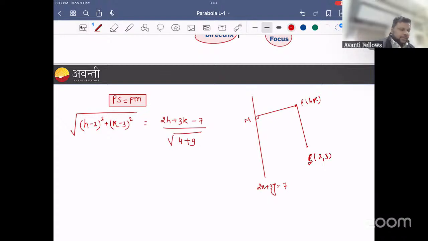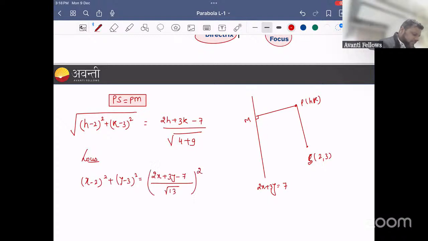Got it? So PS equals PM. So the locus is what? The locus is (x minus 2) whole square plus (y minus 3) whole square equals (2x plus 3y minus 7) upon square root of 13, whole square.